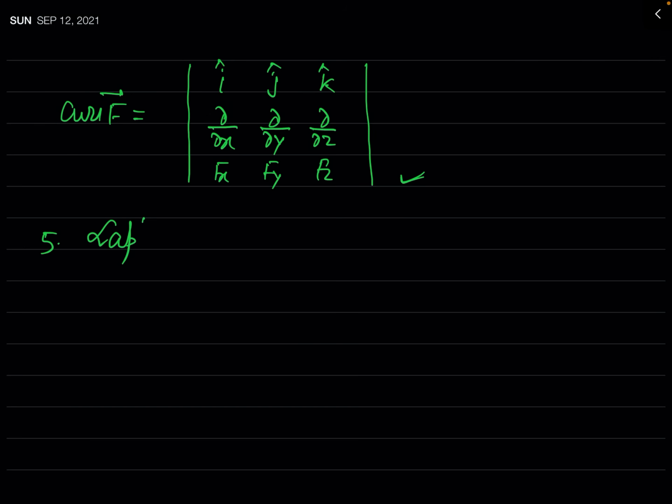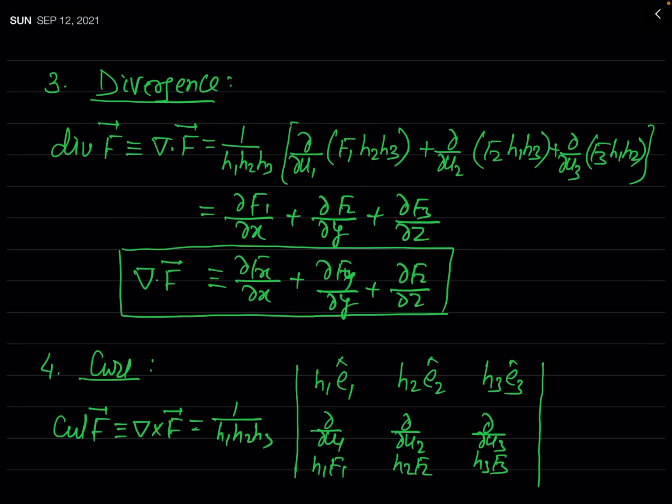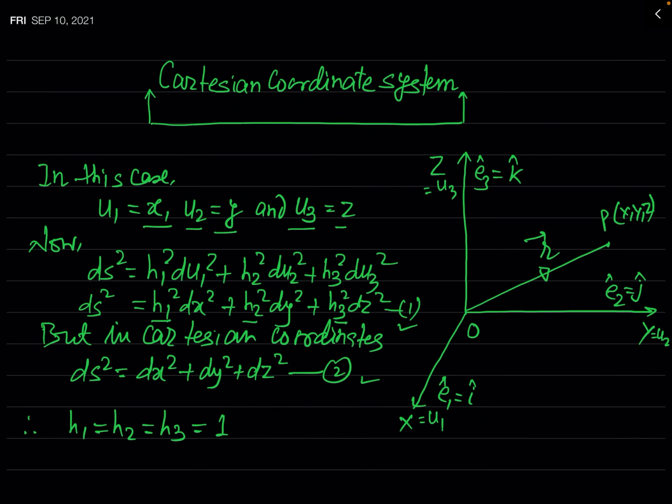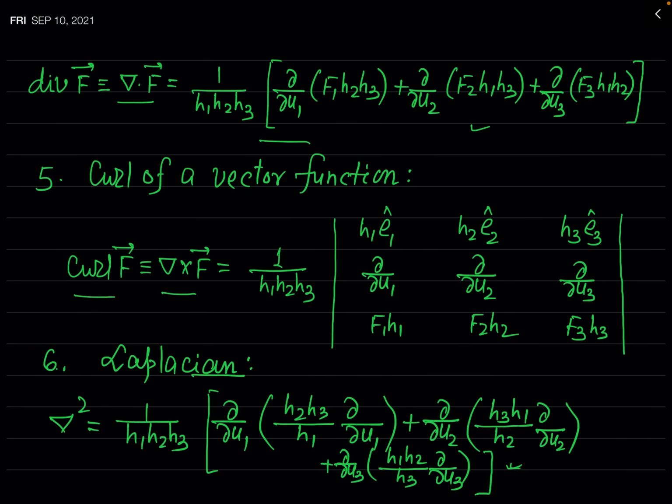Laplacian is denoted by the symbol del square, and the general expression for the Laplacian in orthogonal curvilinear coordinates is like this. I will repeat this expression for your convenience.